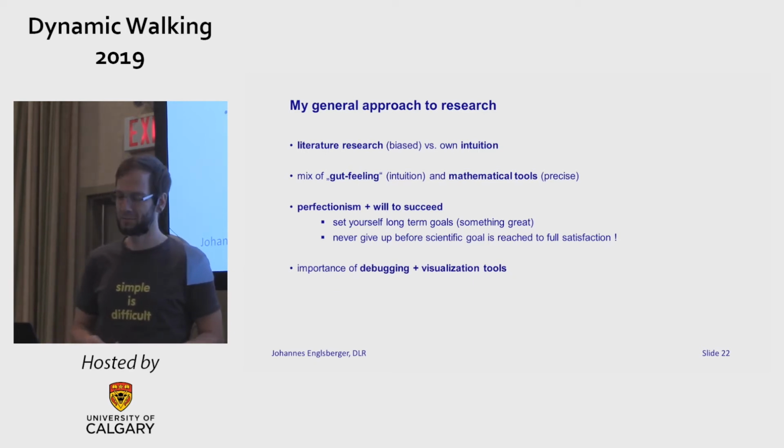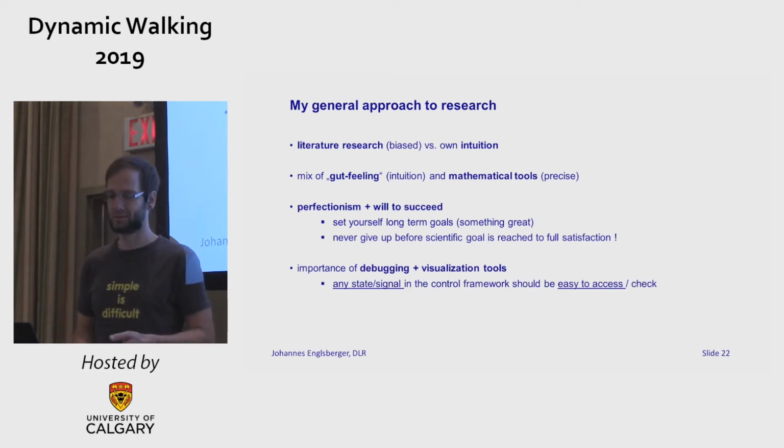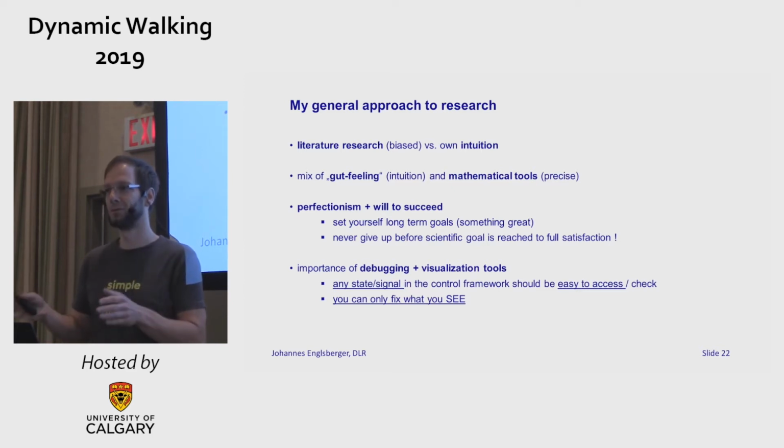Then I see a high importance for debugging and visualization tools. Any state or signal in the control framework should be easy to access and check. You can only fix what you see. Once again, you can only fix what you see. Very typically, for example, I'm running into constraints within the QP and so on. I don't see that. I don't check it. I don't see it, I can't fix it.